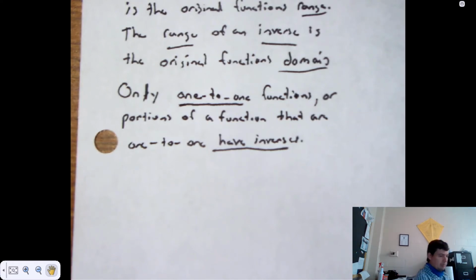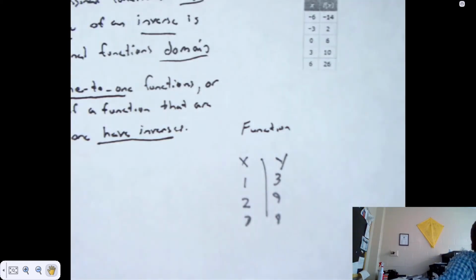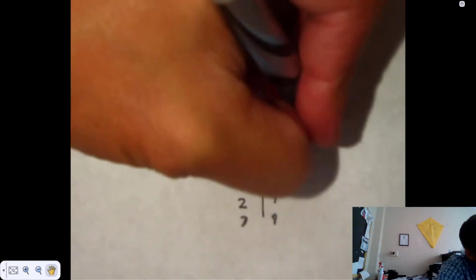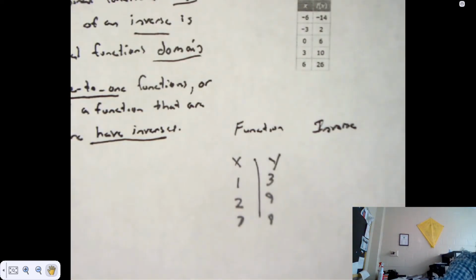All right, let's do an example of this. Make a little table. Function. That's a function. Every x has one y. You agree? Inverse. What happens in an inverse?